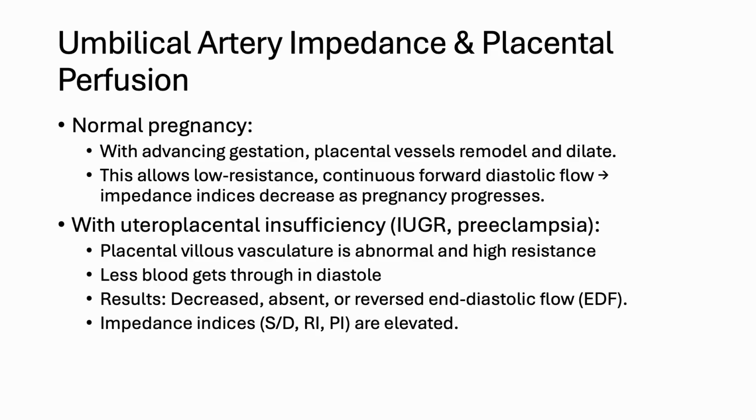With uteroplacental insufficiency or IUGR, preeclampsia, things that cause problems with that, the placental villus vasculature is abnormal and is a high resistance state. So less blood flow gets through in diastole, and this results in absent, decreased, or reversed diastolic flow. And so that causes the indices to become elevated.